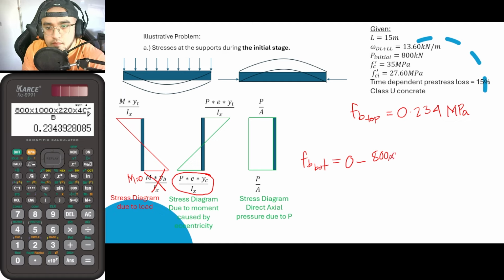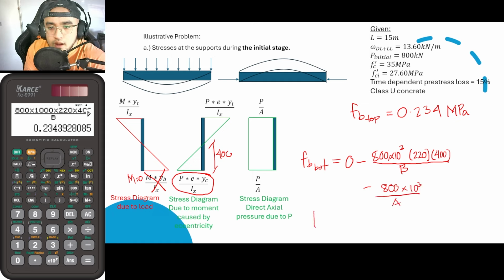So 800 times 10 raised to 3 times E of 220 times YC of 400, divided by the moment of inertia B. Then minus P all over A, that is 800 times 10 raised to 3 all over A.